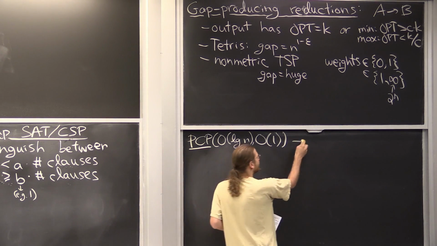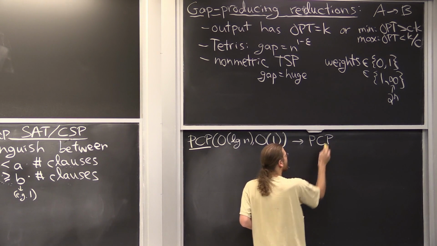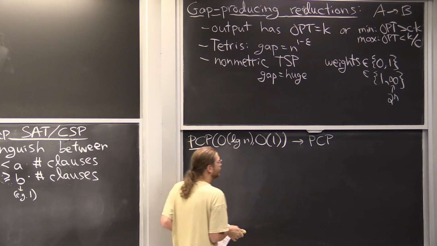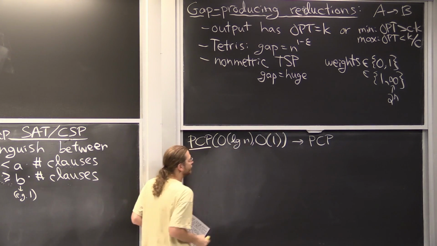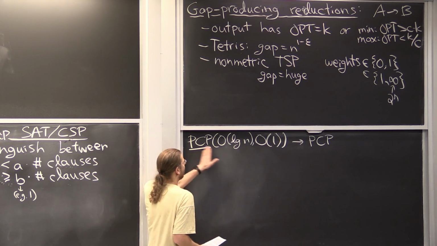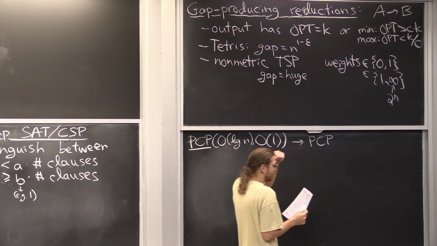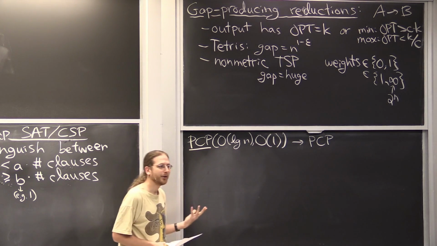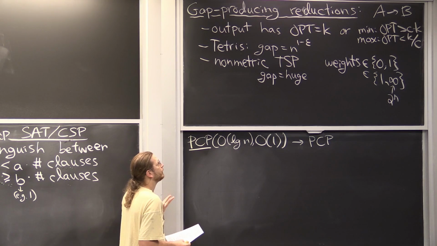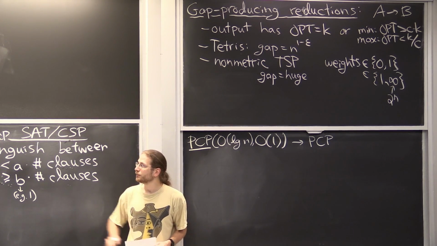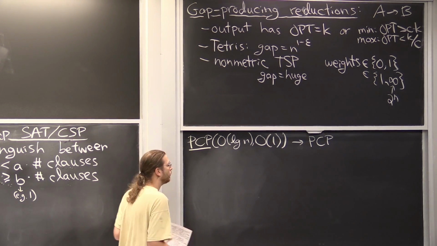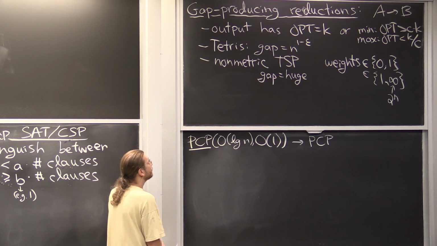I'm going to simplify this to just PCP as the class. The other notions make sense here, although the parameters don't turn out to matter too much, and it's rather lengthy to write that every time, so I'm just going to write PCP. Let me first tell you what this class is about briefly, and then we'll see why it's directly related to gap problems and where a lot of these gap-producing reductions come from.